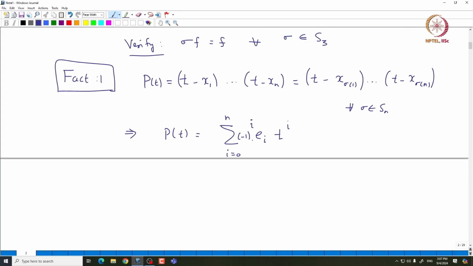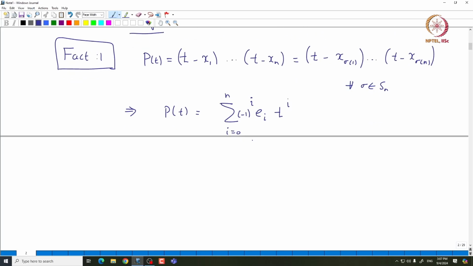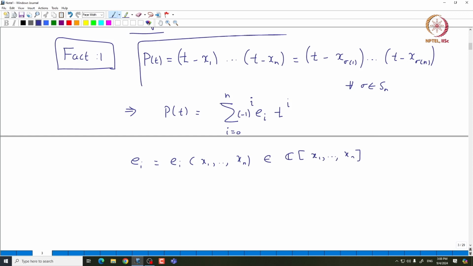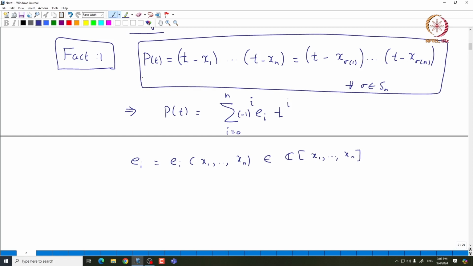So this E_i is nothing but E_i of x1 etcetera xn, which is a polynomial inside C[x1, etcetera, xn]. Now, the observation that p of t is invariant under the action of Sn tells you that all the coefficients must be invariant under the action of Sn. So all these E_i are symmetric polynomials.